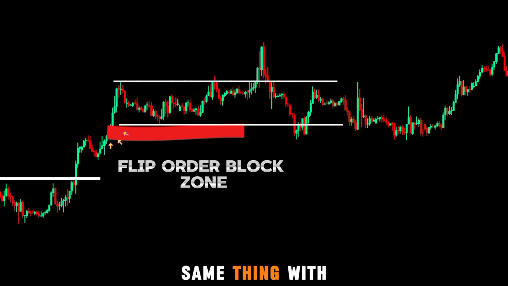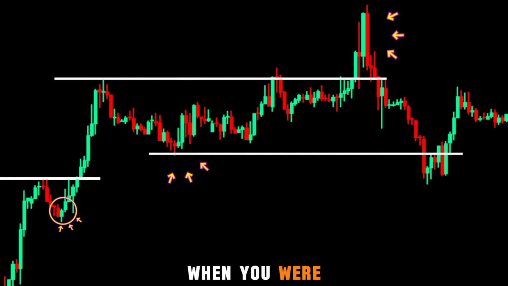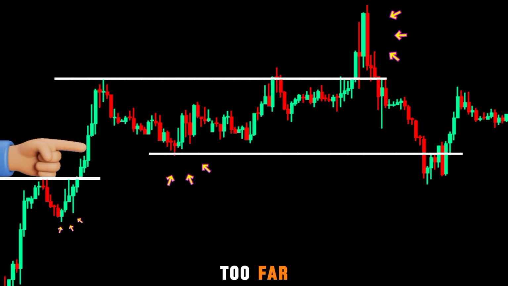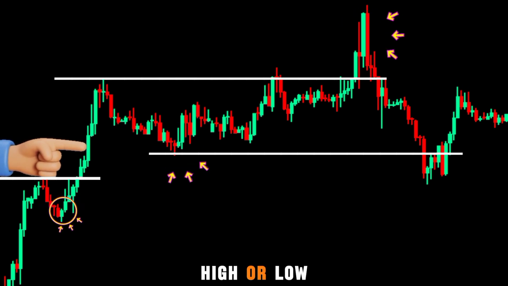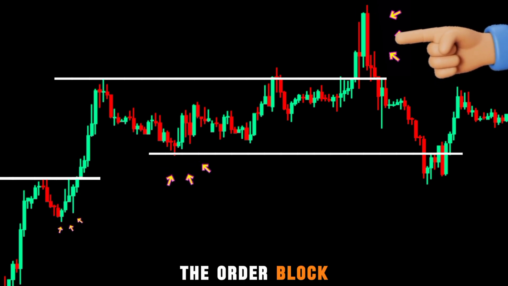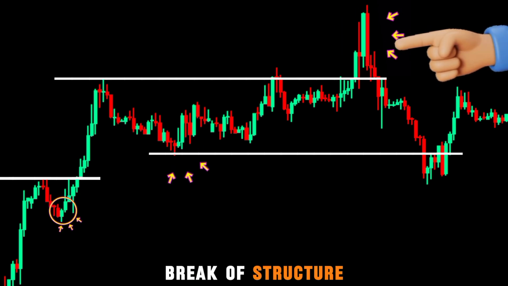It's almost the same thing with trading the base order blocks, except for one exception, and that I will tell you. When you are trading the base order block, you must not allow the market to break out too far from the last high or low of the break of structure. You want a quick retracement to the order block right after the break of structure.